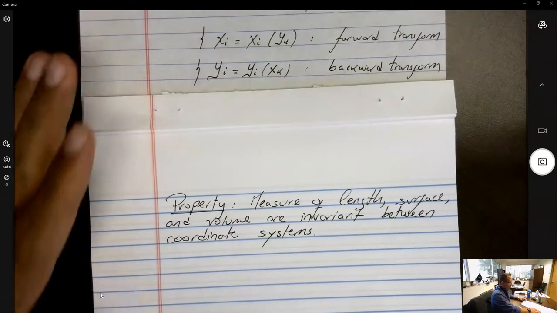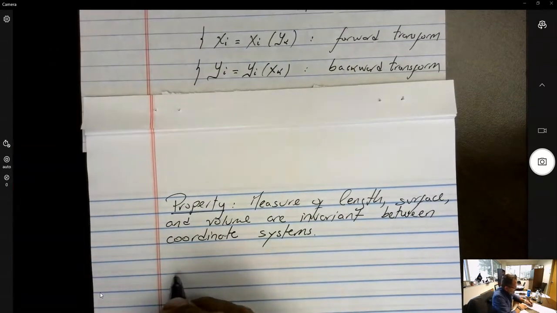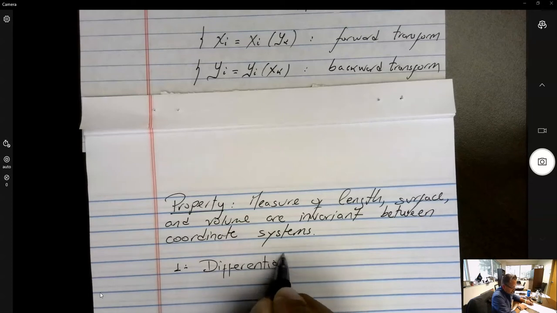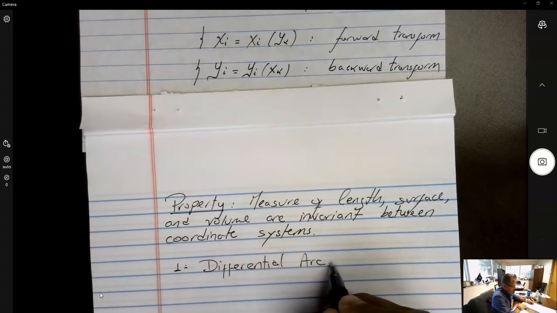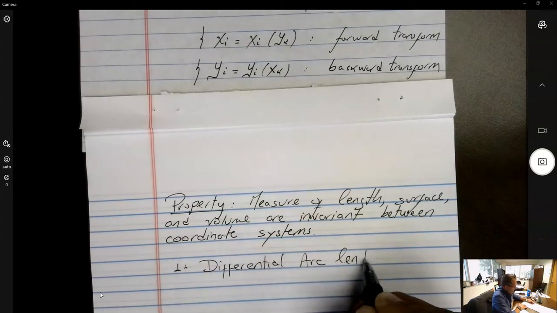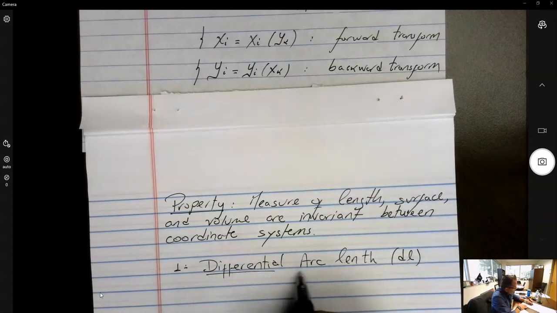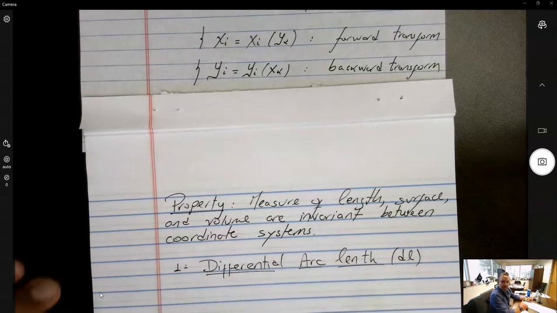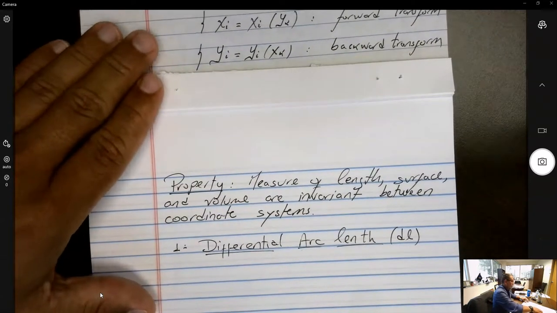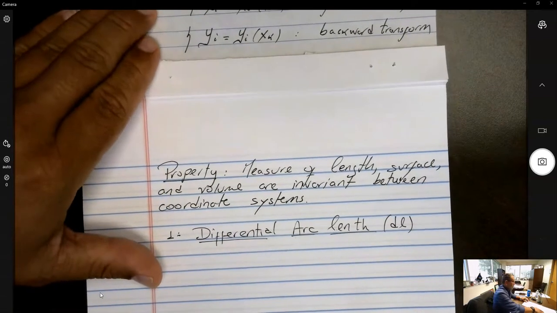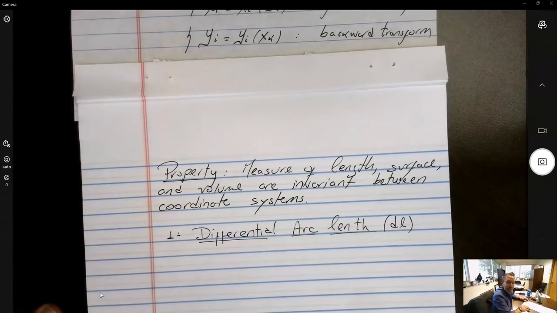It really doesn't matter. All right, so let's start with the first one. Let's start looking at differential arc length, dl. So if the unit of length is invariant, we have to use that in order to express the calculation of an arc length. It would be through an integral.